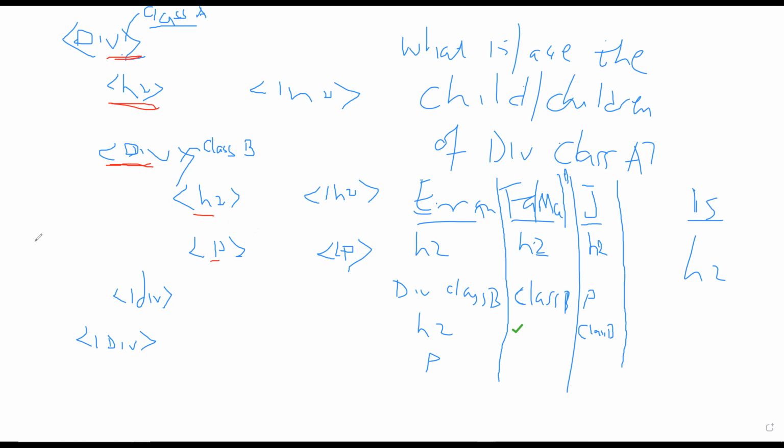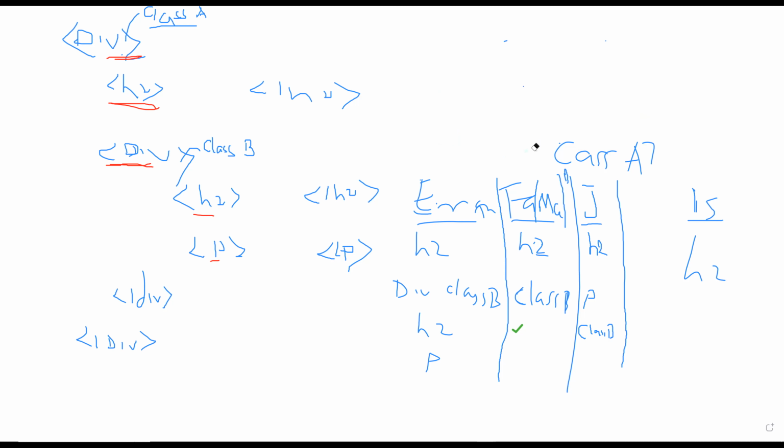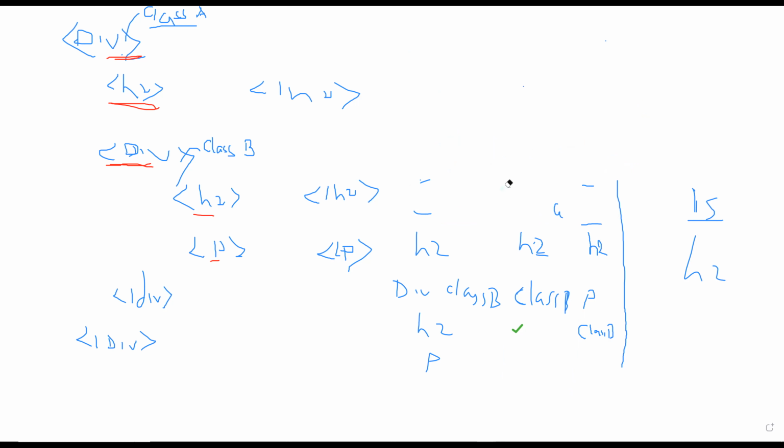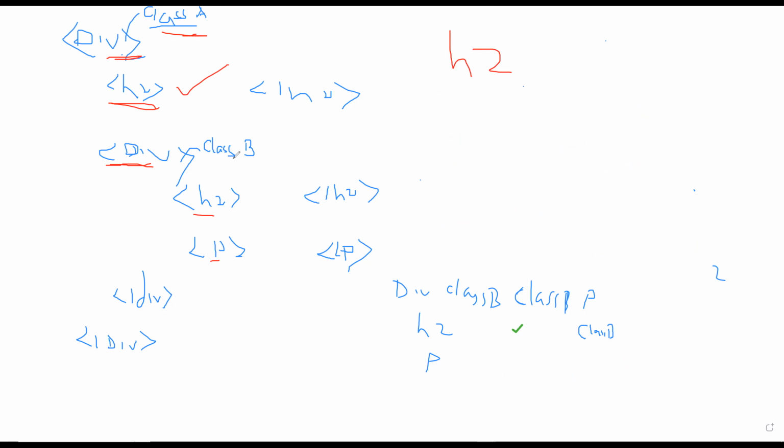But when we are talking about descendants, you know what descendant means in simple English, right? Descendant is the family tree, everything. So that simply means that the descendants of this class A are this H2, this div with class B, this H2, and this P tag.